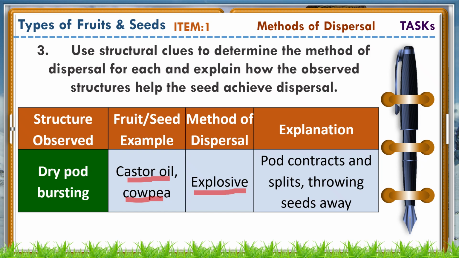So how does this dry pod bursting assist the seed in dispersal? The pod contracts and it splits, meaning it opens, thereby throwing the seeds away from the parent.